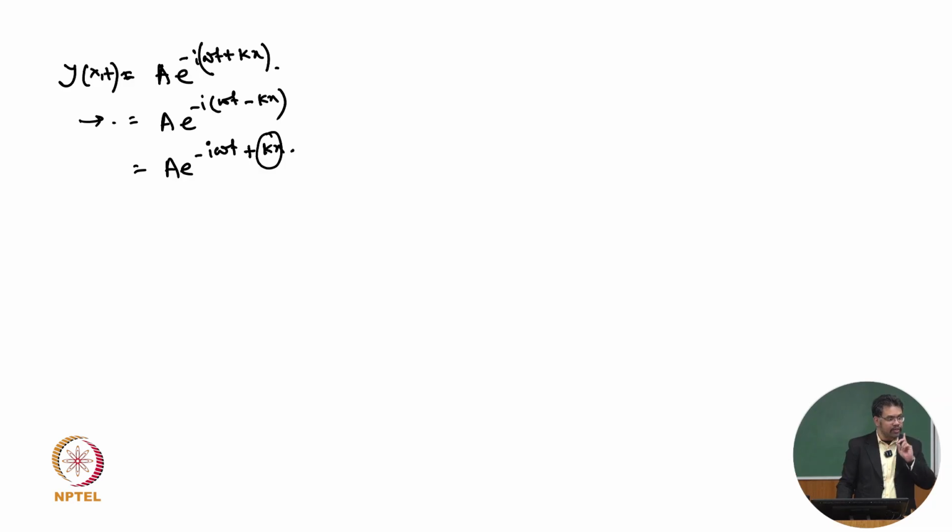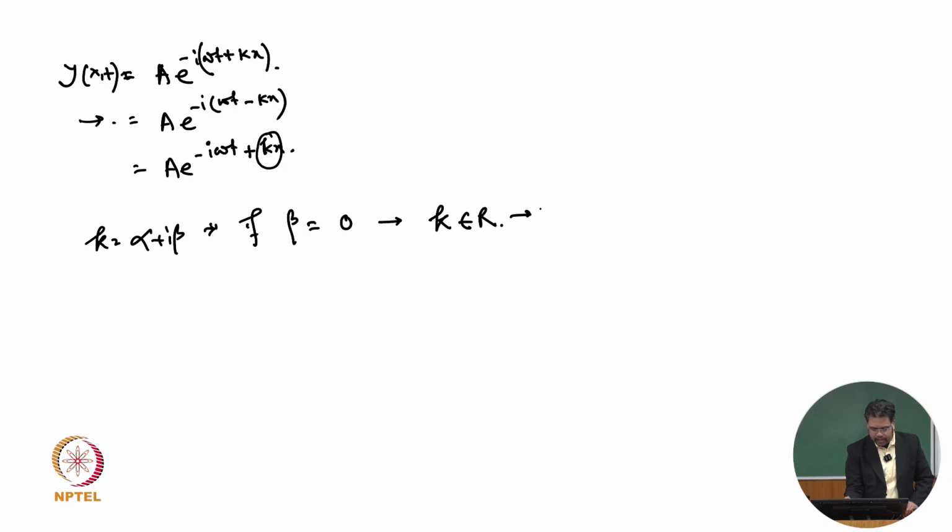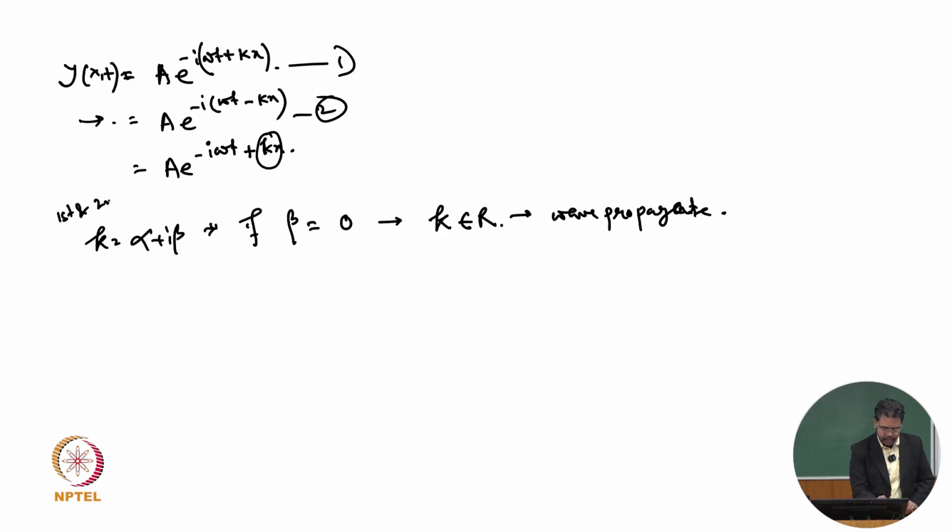Now if they do not put I with kappa, then you need to understand there will be a difference. What I wrote in the previous case was kappa equal to alpha plus I beta, and if beta is equal to 0, kappa will be real and the wave will propagate. That is for the first and second cases.